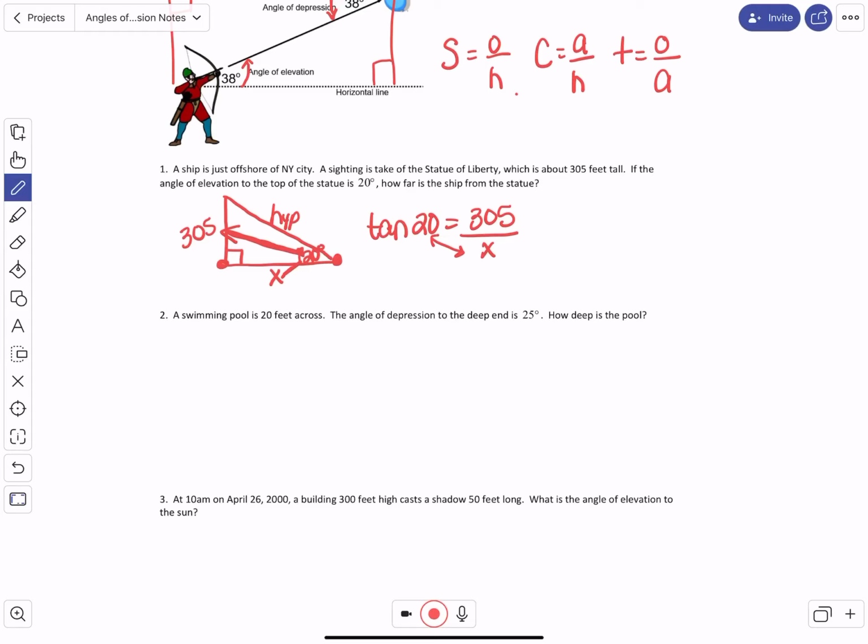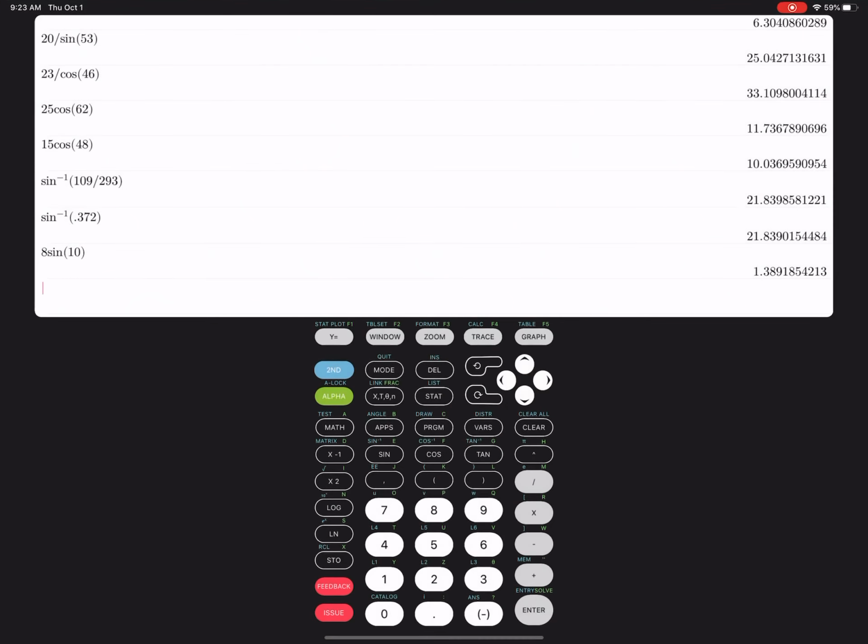We have to get x off the bottom of the fraction. So x equals 305 over the tangent of 20. So we will divide. So 305 divided by the tangent of 20. And you'll get 837.98 feet.